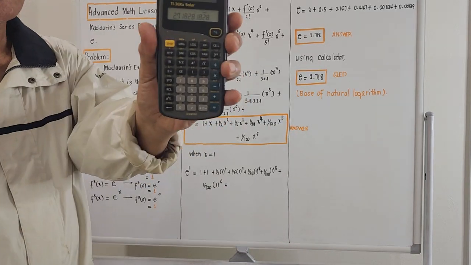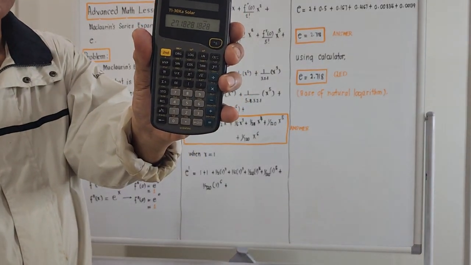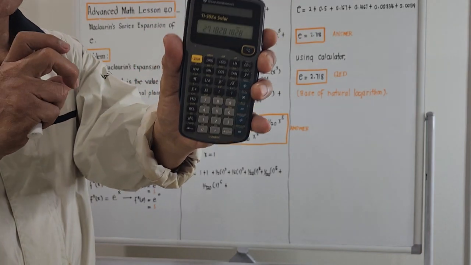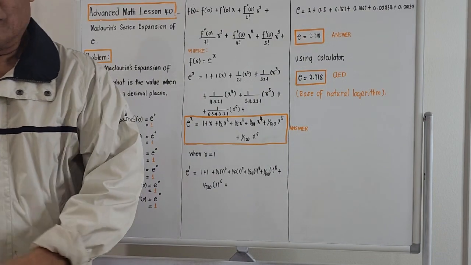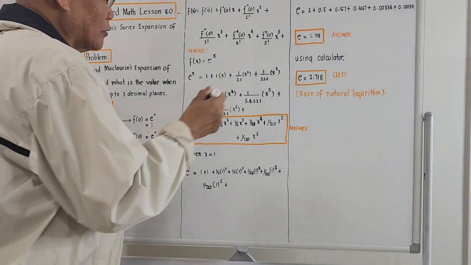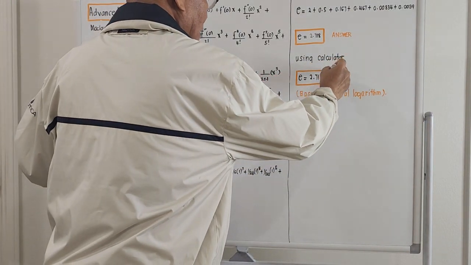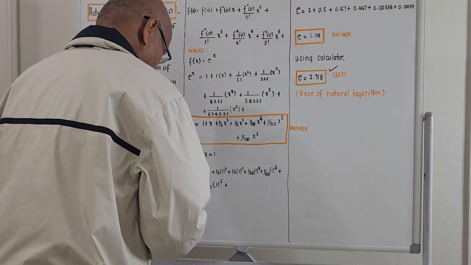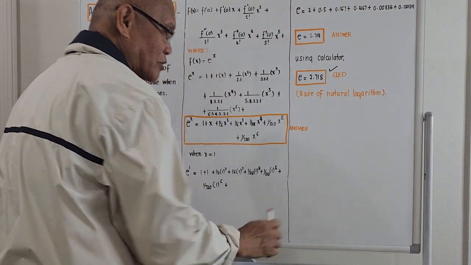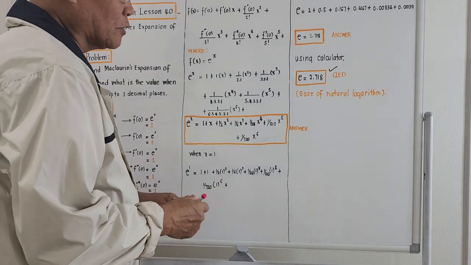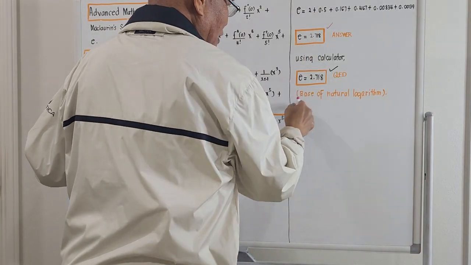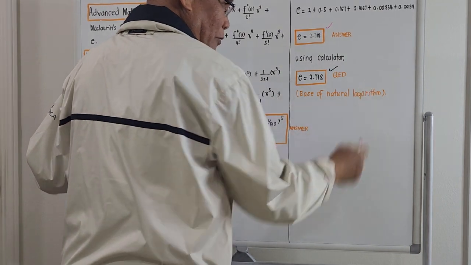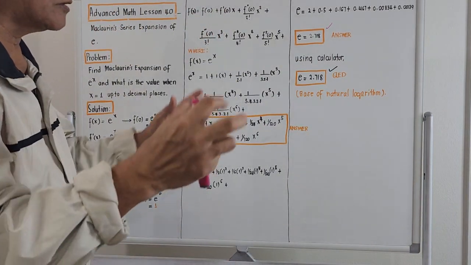The value of e is actually 2.71828, or up to 3 decimal places, it's 2.718. So by using the calculator, this is the value, and by using Maclaurin series of expansion, this is the value of e, where e is actually the base of natural logarithm. Okay, let's proceed with the problem.